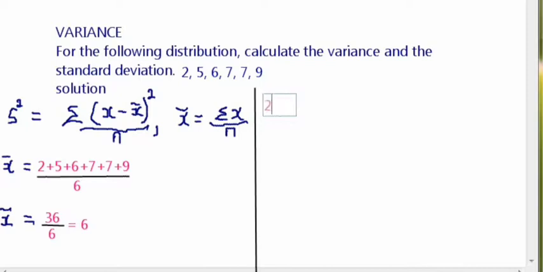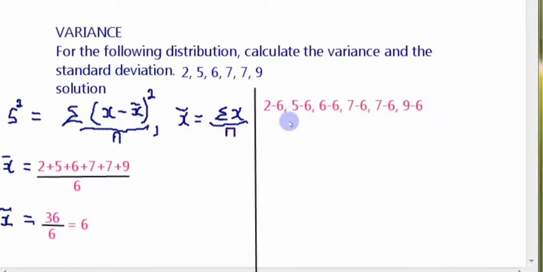The scores we are given: 2 minus 6, that is x minus x bar, taking 5 minus 6, which is the mean, taking 6 minus 6, taking 7 minus 6, taking another 7 minus 6, taking 9 minus 6.